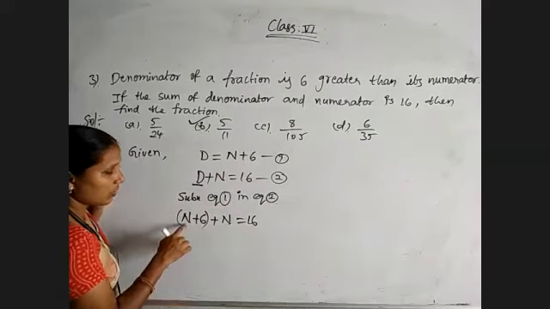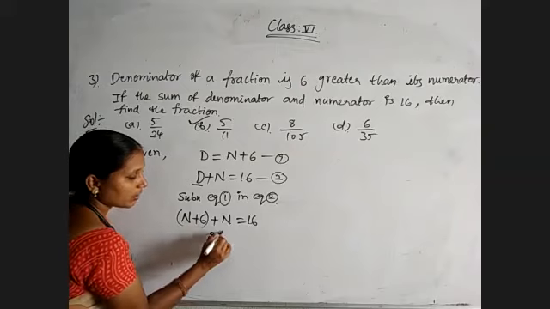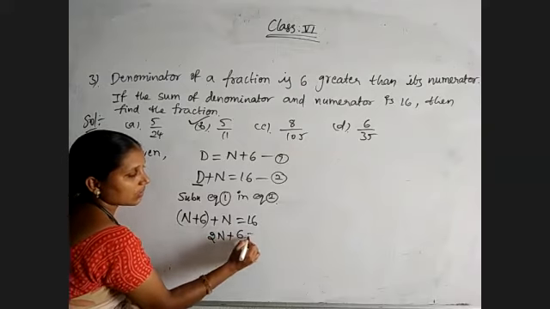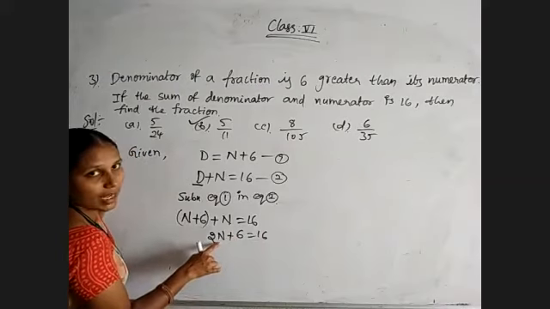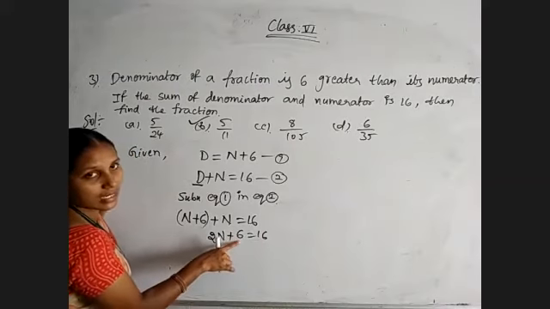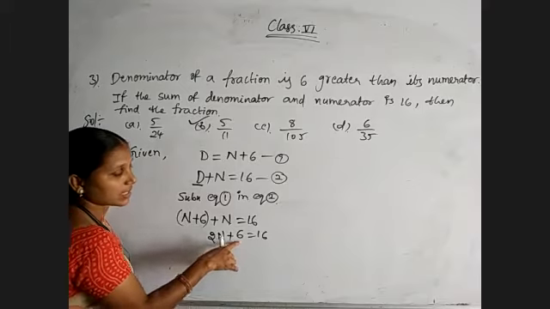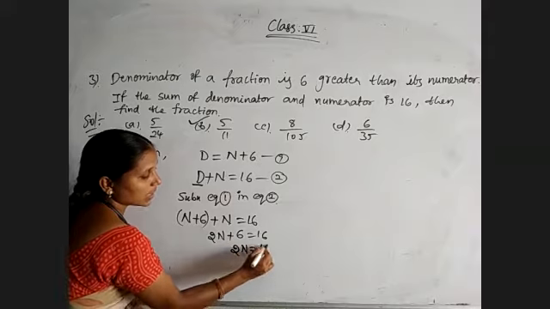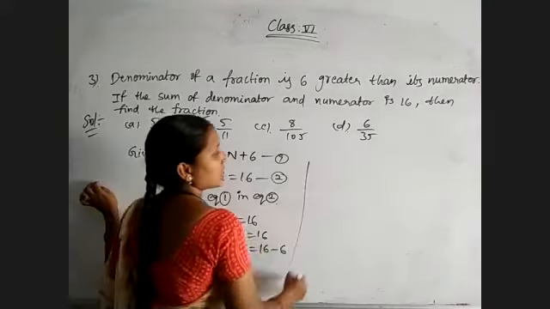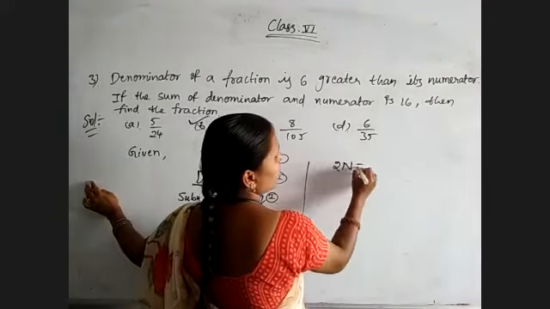That's all. Now n plus n, 2n plus 6 equals 16. Now we need to find the n value. 6 is an extra number, so plus 6 is there. Bring this side, minus 6. 2n will be equal to 16 minus 6. That is nothing but 2n equals 10.